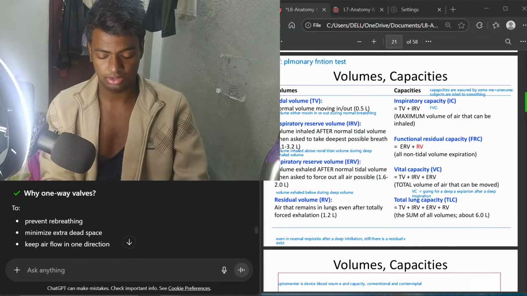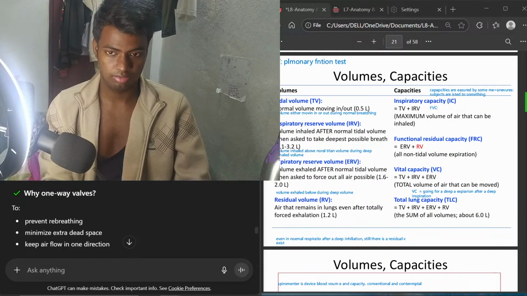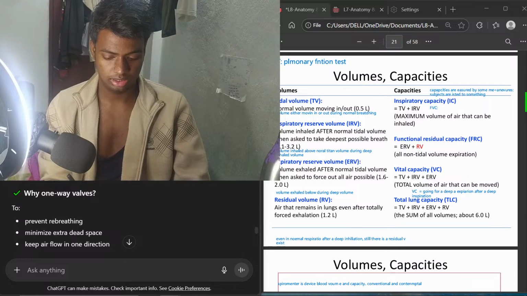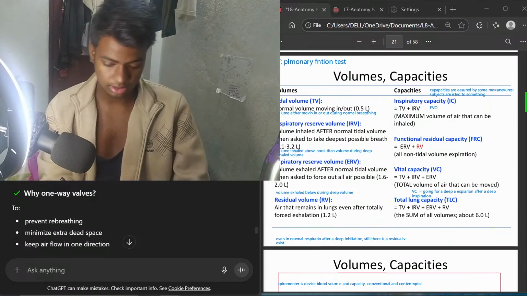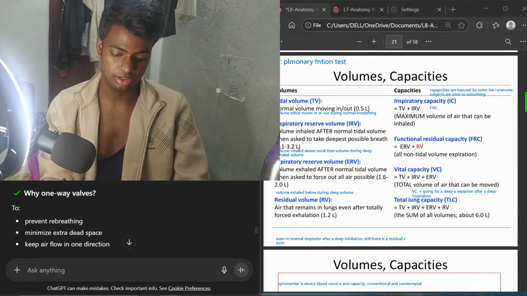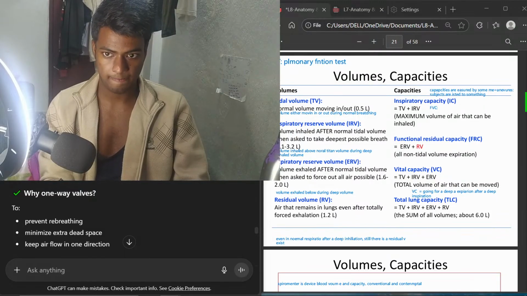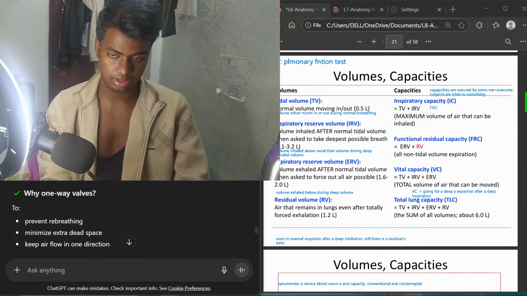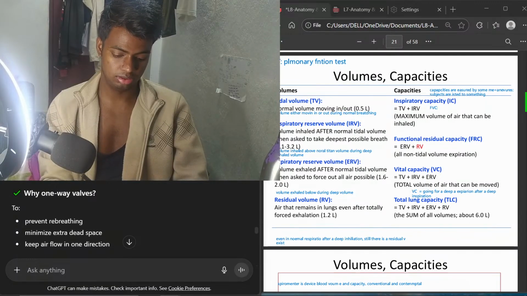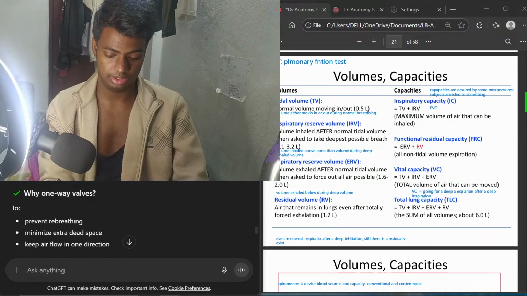Then vital capacity, all the volume that we can breathe in and breathe out, so that is tidal volume plus IRV plus ERV. Then TLC, everything: RV plus TV plus IRV plus ERV.